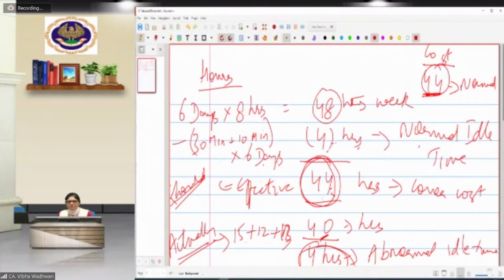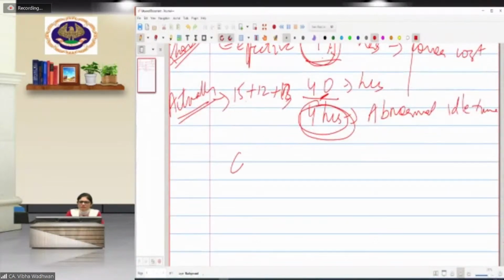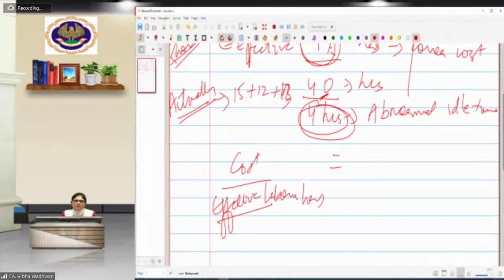So whenever we calculate the cost per hour, what do we need? We need the cost divided by the effective labor hours, not after deducting the actual labor hours. Clear? So what was the cost? 220 per day.